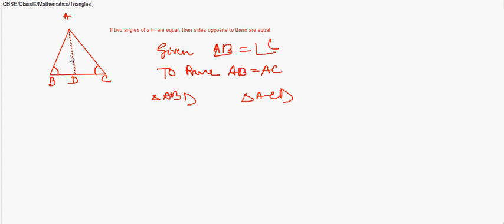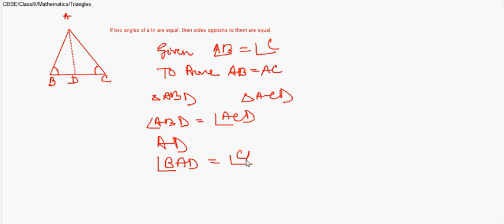In triangle ABD and triangle ACD, angle ABD will be equal to angle ACD. AD will be common, and one more is angle BAD will be equal to angle CAD. These two angles will be equal because we had drawn AD to be the bisector of the angle BAC.